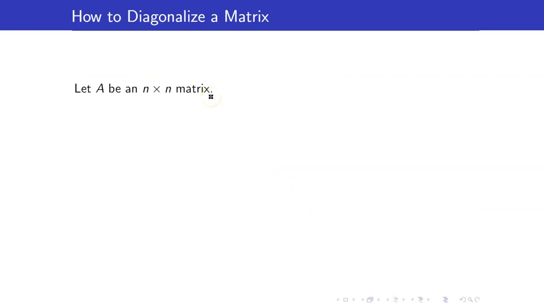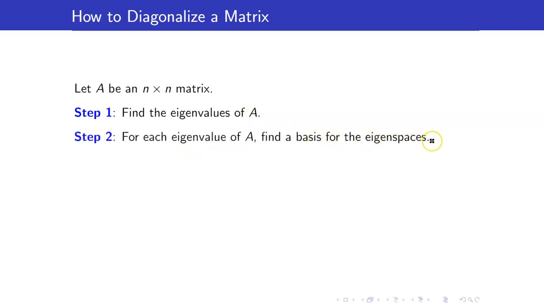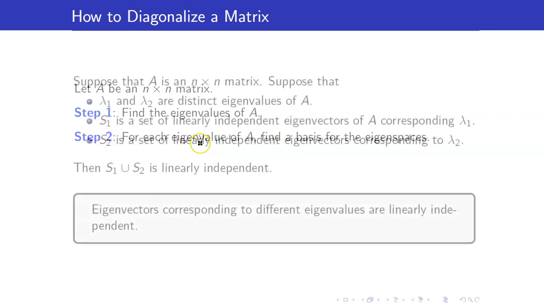So here is now our algorithm to diagonalize a matrix. First, we get the eigenvalues of A. Once we have the eigenvalues of A, we can get a basis for the eigenspaces. Why do we want a basis for the eigenspace? So that we can get linearly independent eigenvectors for each eigenvalue.